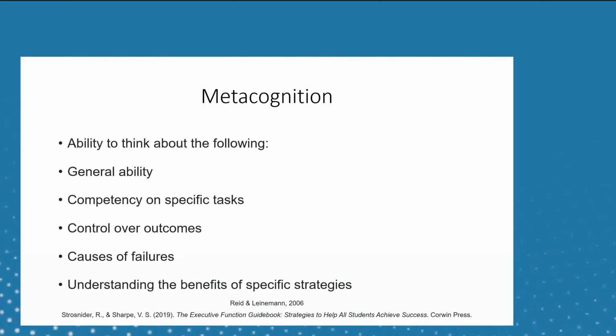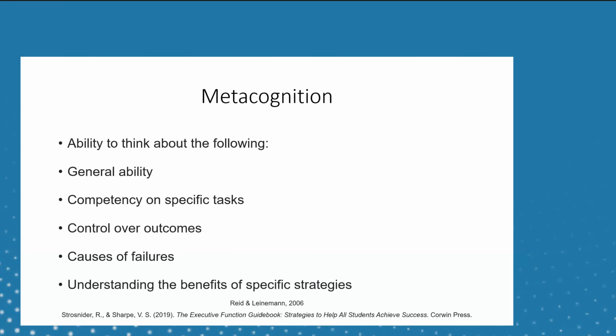Metacognition is a huge topic as well that I believe all educators should learn about. Basically, what this is, is thinking about thinking and knowing about knowing. It's a very high level cognitive process, and we always use it when we're thinking, when we're trying to carry out a task, when we're trying to connect the dots.